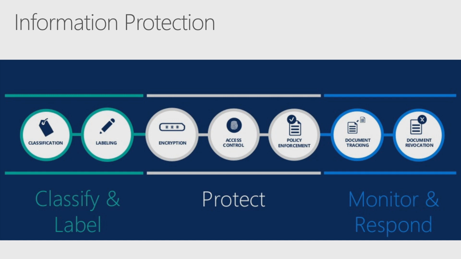Soon after, it will proceed to protect the document with encryption and policy enforcement. Additionally, it is also able to control who is allowed to access the data. If the document is shared with other users, the owner of the document will still be able to track the document and revoke it if necessary.